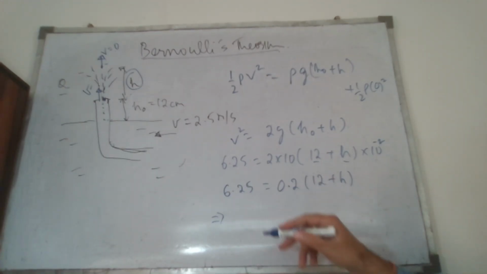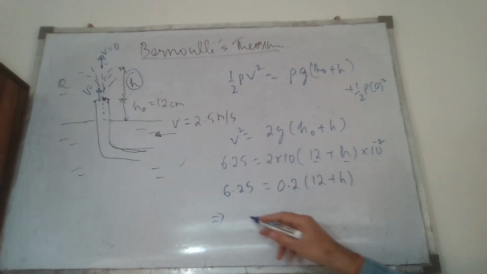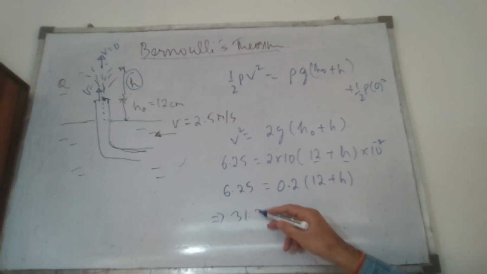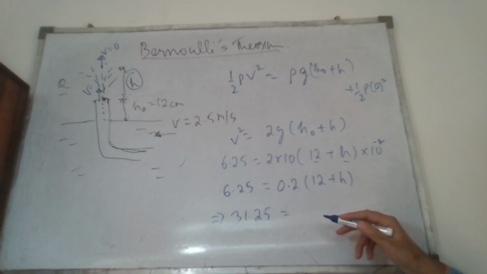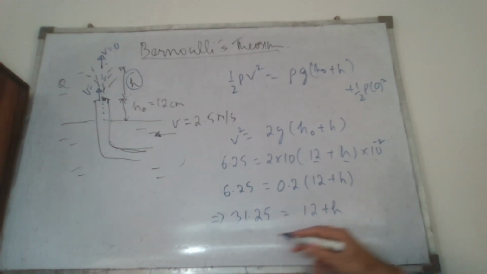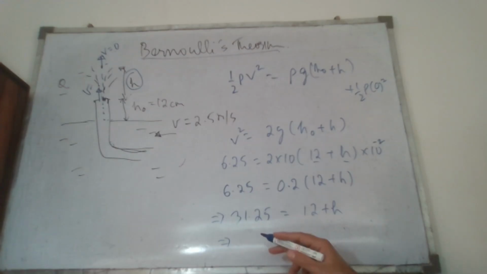So this 6.25 by 2 means some 31.25 equal to 12 plus h. This implies h is some 31.25 minus 12.